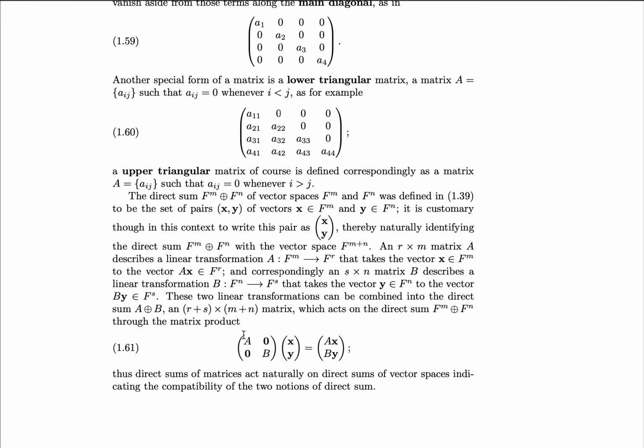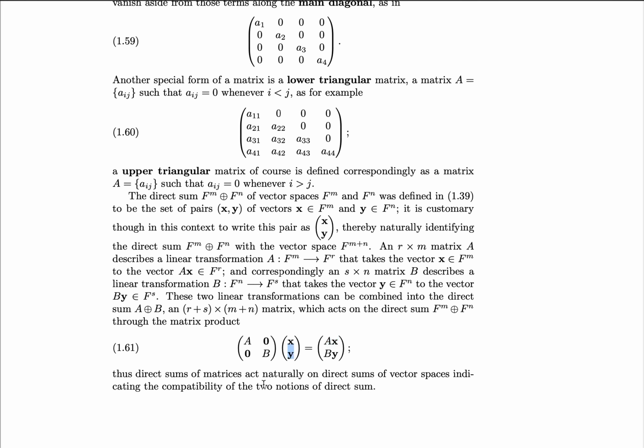And you define it in this way: A, 0 vector, B. I'm sorry, not 0 vector, 0 matrix. And you define this product in this way. This makes sense, because if we consider this as just a 2 by 2 matrix times a 2 by 1 matrix, we'd see this element times this element plus this element times this element should give you this element. So it makes sense that this has to be the 0 matrix so that you ignore whatever the y vector is doing and you just have a transformation of the x vector. Likewise, you have the same idea for B.